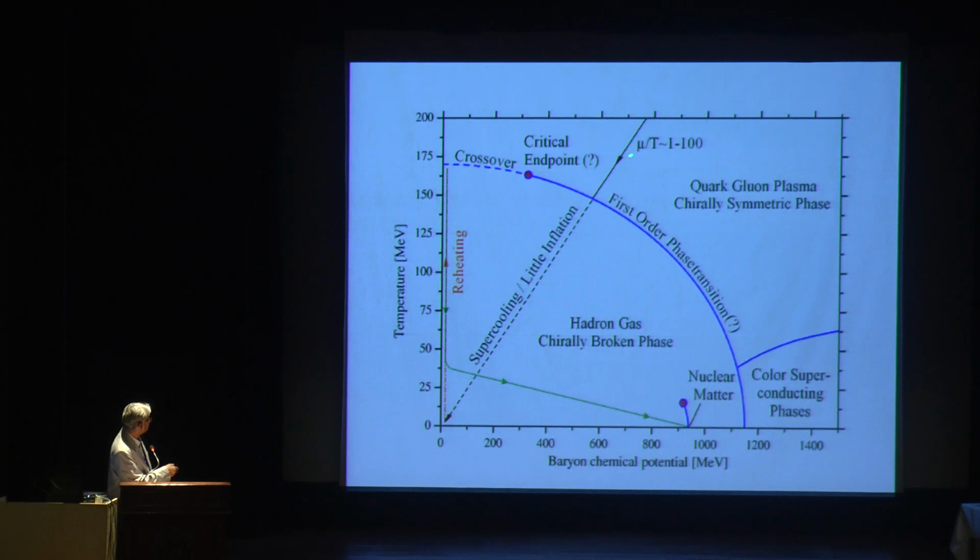But you can also have the possibility of supercooling, as we discussed. You can supercool, and then the system is not in equilibrium. And then, of course, you have this very interesting phase diagram. And so here, Sinha has taken this picture to the arena of black hole thermodynamics.